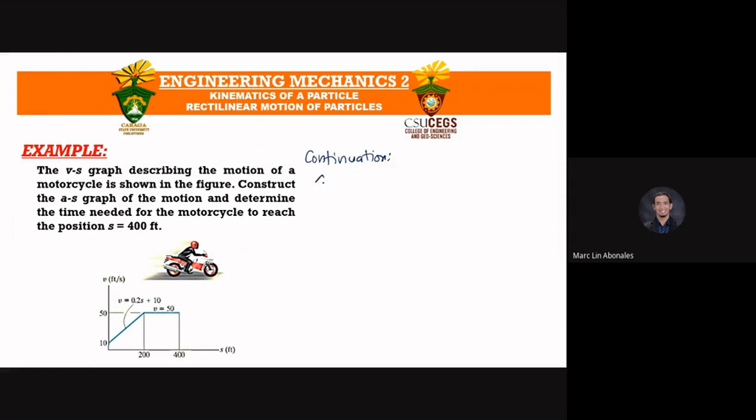So from 200 to 400 feet, v is equal to 50. So the same kinematic equation. We substitute the equivalent of v, that is 50. Then we can cross multiply and write this in this way.